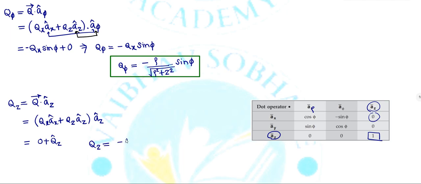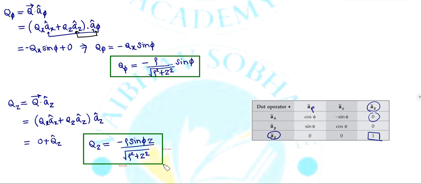Minus rho sine phi z divided by square root of rho square plus z square. Okay, so this is what we have for that rho, phi and z.